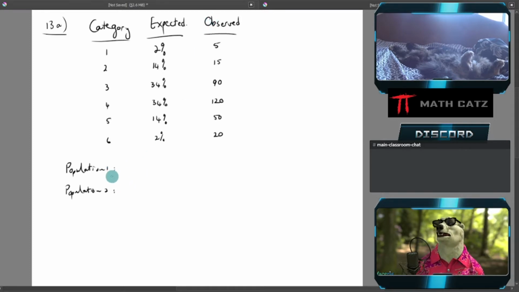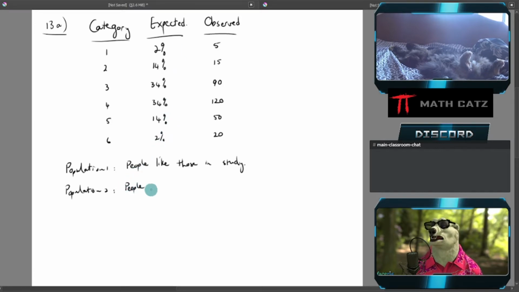Now, this is a little bit more vague because we don't know the story behind it. So our first population is, let's say, people like those in the study. We can't really be more specific because they don't tell us anything in the story. And then we're comparing that to people who follow the expected distribution according to these categories.